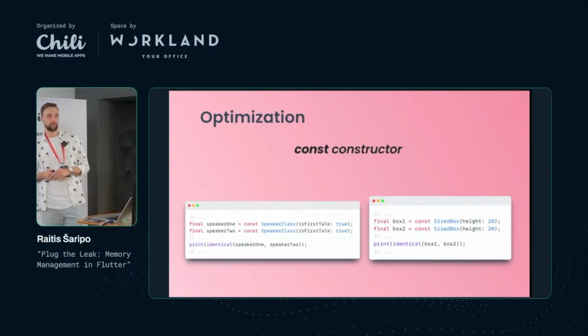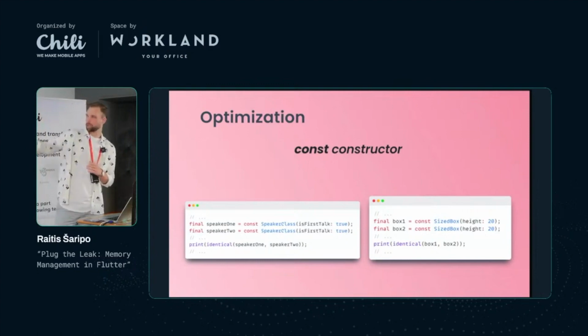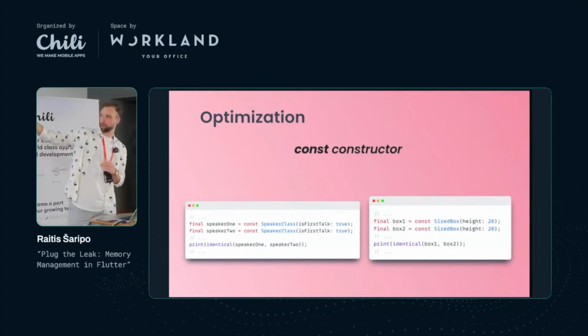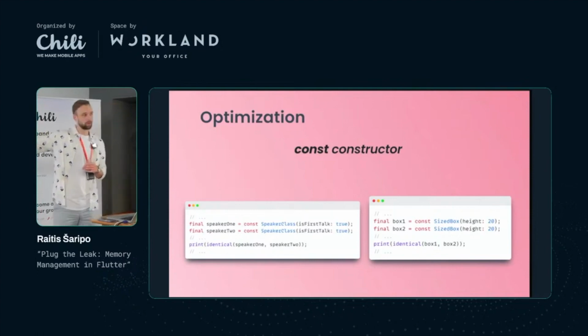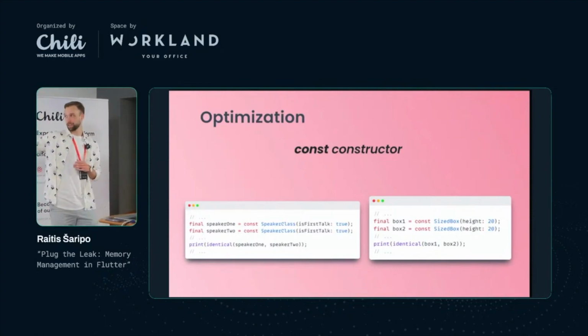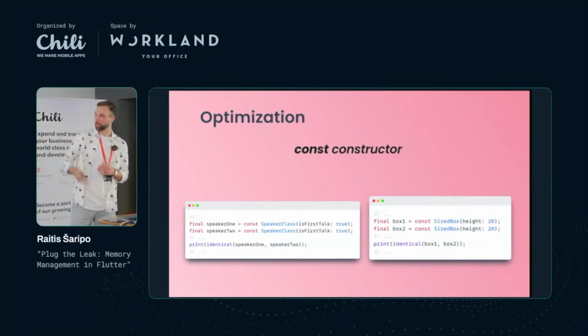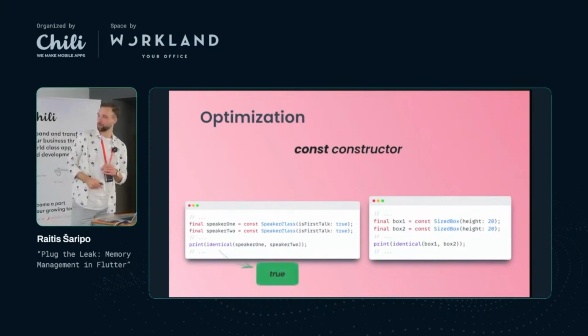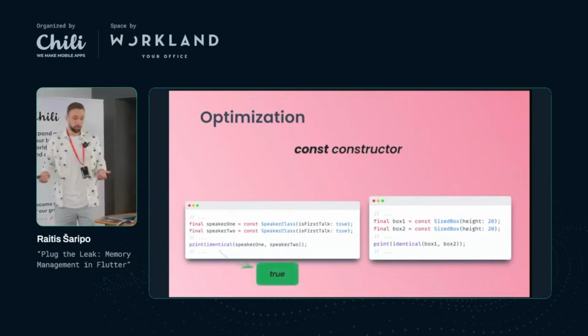I guess you didn't understand the question. So what's going on in the print method is we are comparing if the object speaker 1 is identical to speaker 2. So can you raise your hands again if you think it will print out true? Okay, not what I expected, but it will work. Yeah, it will print out true.